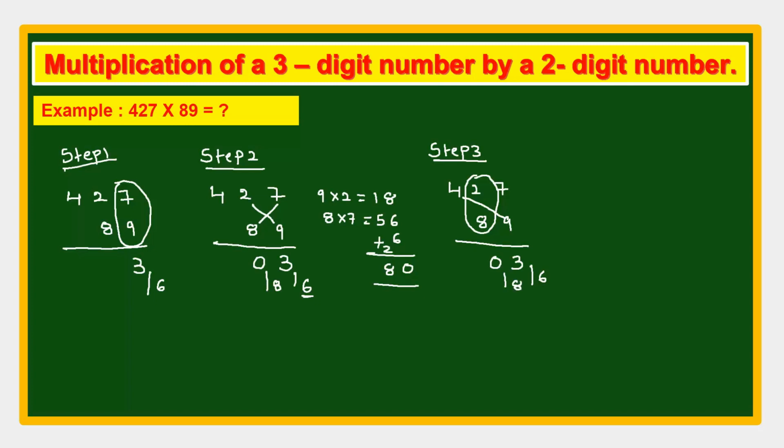Now 9 into 4, 36. 8 into 2, 16. And carry forward 8 we have to add. Right. 6 plus 6, 12. 12 plus 8, 20. 0 here, 2 here. 3 plus 1, 4. 4 plus 2, 6. 60. Now write here 0 and carry forward 6 down. And now step 4.